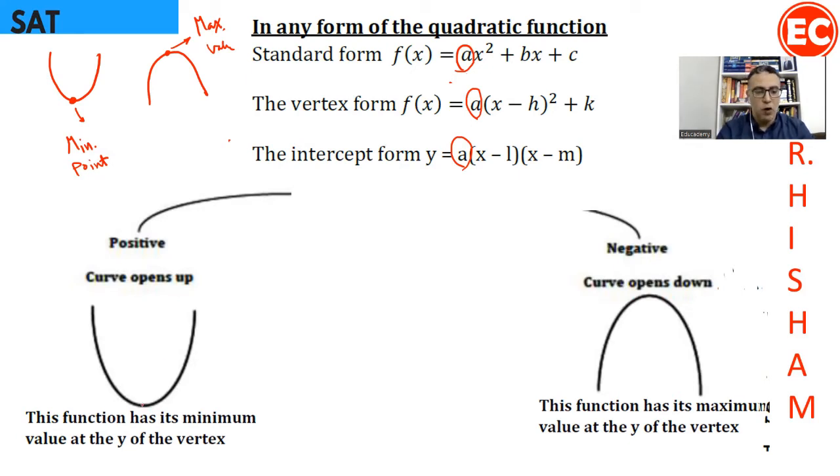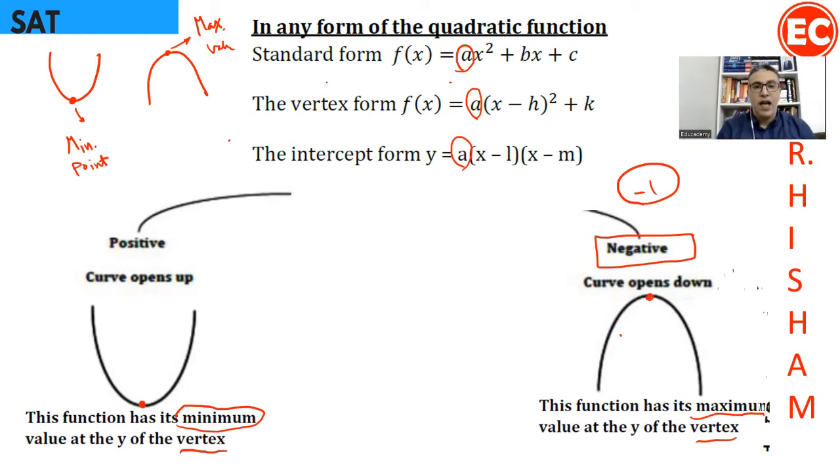In case of open upward, the vertex represents a minimum point. In case a is a negative value, and I mean by negative, it could be -1, -2, -3, any number which is negative, it's open downward, so the point is a maximum point.